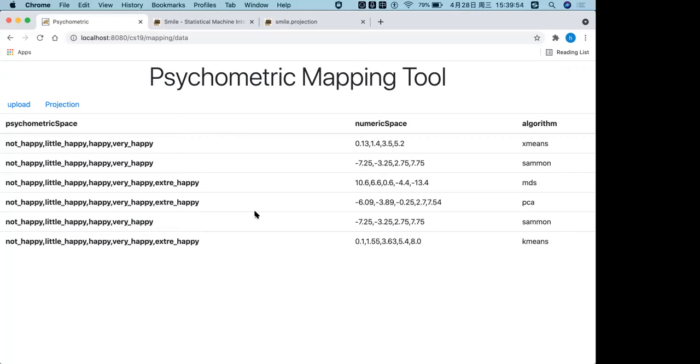Yeah, but my question is, how are you going to do that? Do you know how to do it? No, I'm not asking you, Tin. I'm asking the students. And if you look at the Sammon, MDS, PCA, they all look different. They don't map between 0 and 8.